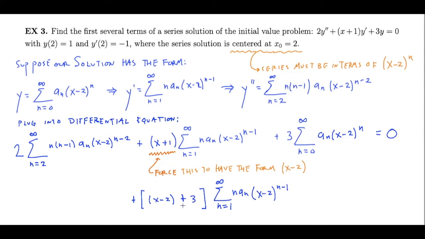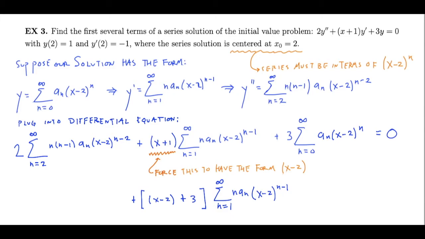Therefore, I need to have a plus 3 in here as well, so that this bracketed expression does equal the original coefficient that I had in parentheses here. So this is just a little trick to make sure that the coefficient is exactly the structure that will be compatible with the series terms.